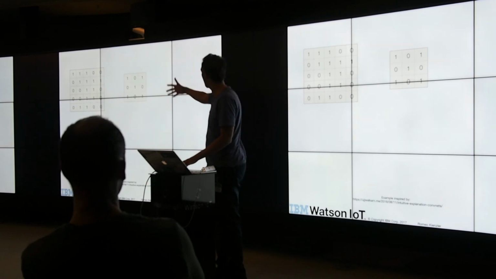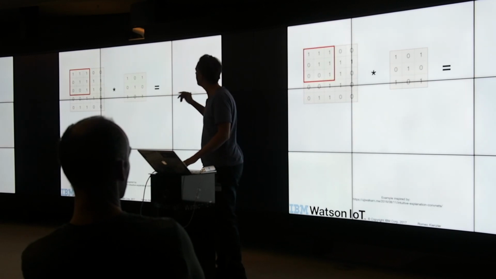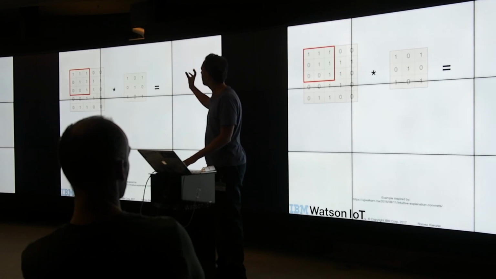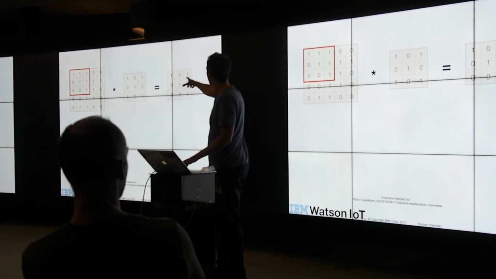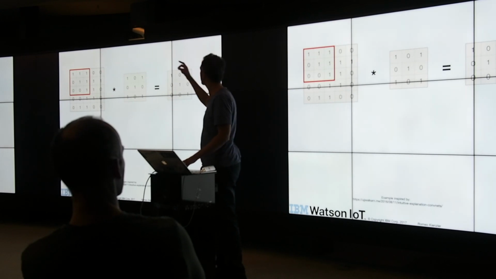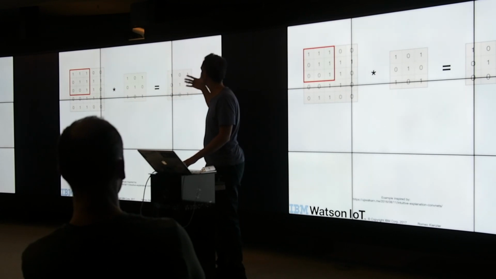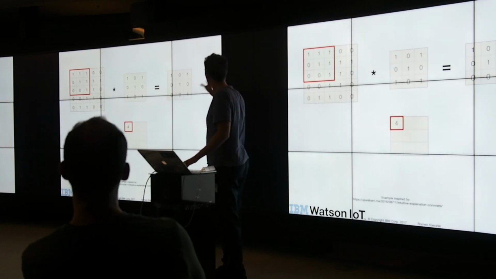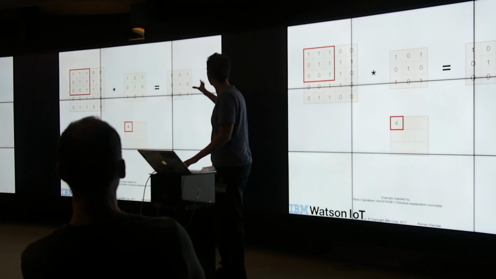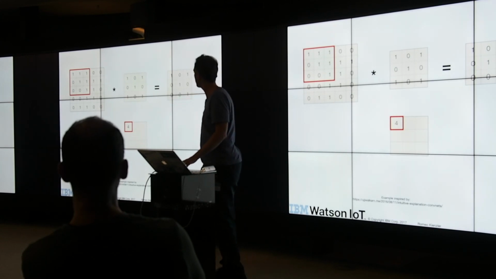That's a matrix you learn during training, and the convolution matrix is convolving over the original matrix in strides. And here you have the AND operation. So if there's a 1 in the image and a 1 in the convolution matrix, you put a 1 in the result. Afterwards, you do some pooling, you add up all the numbers in this result, and you put that in the result matrix.